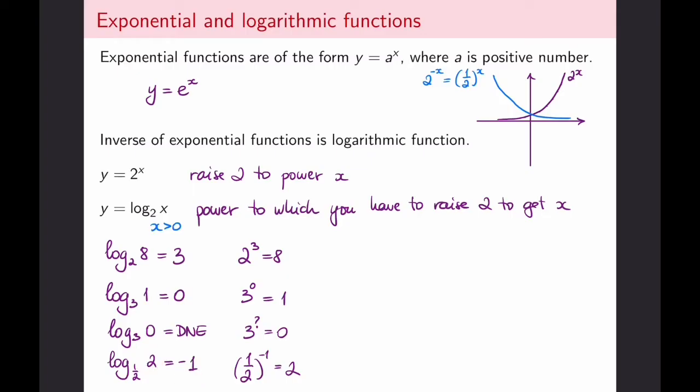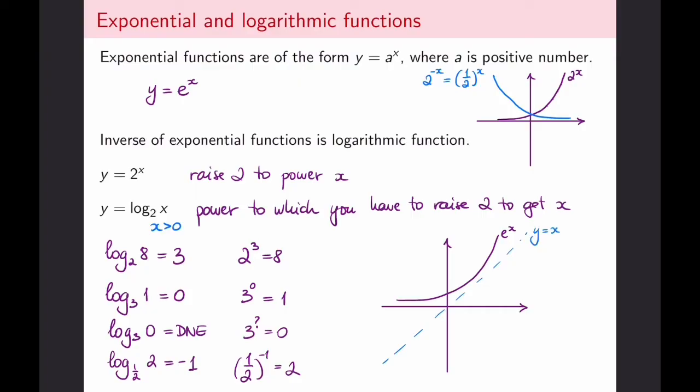In terms of the graphs, recall that inverse functions have graphs that are a reflection of their original function. So if I start off with a function e to the power x, then in order for me to get the natural logarithm, the inverse of that, all I have to do is take the line y equals x and flip my function in that line.